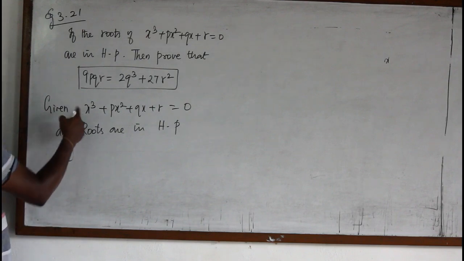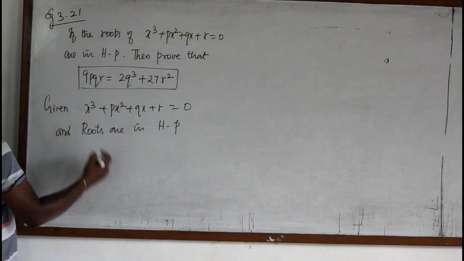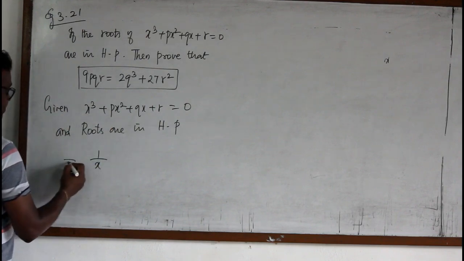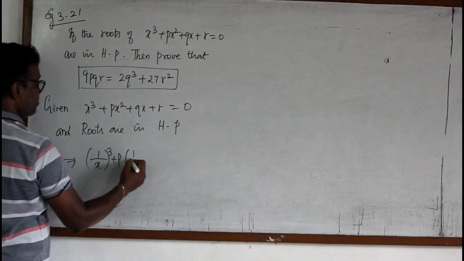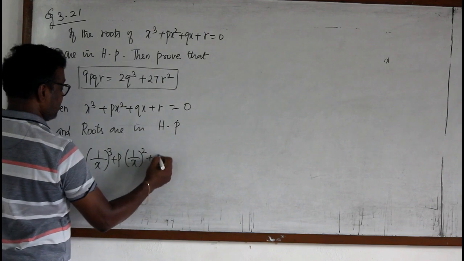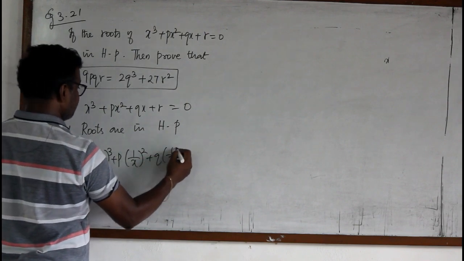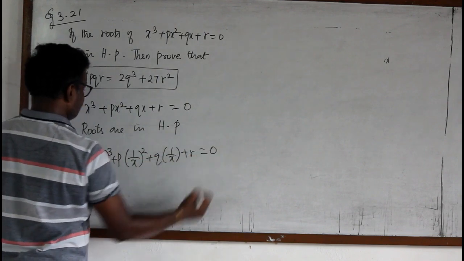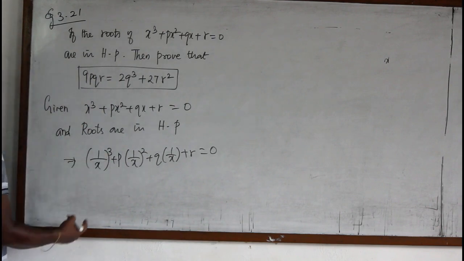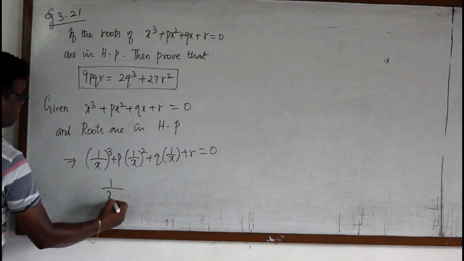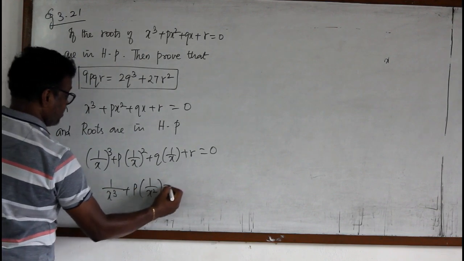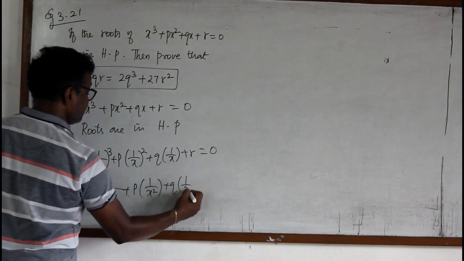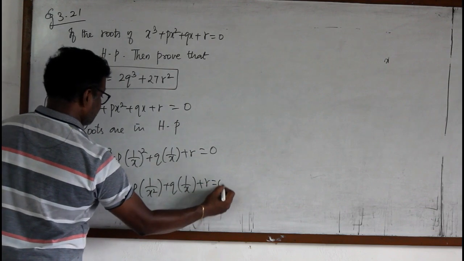Let me replace x with 1 by x: the whole cube, then p into 1 by x the whole square, q into 1 by x, plus r equal to 0. Changing x to 1 by x, this becomes 1 by x cube, plus p into 1 by x square, plus q into 1 by x plus r equal to 0.